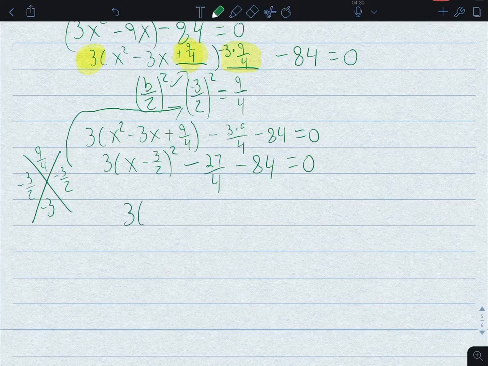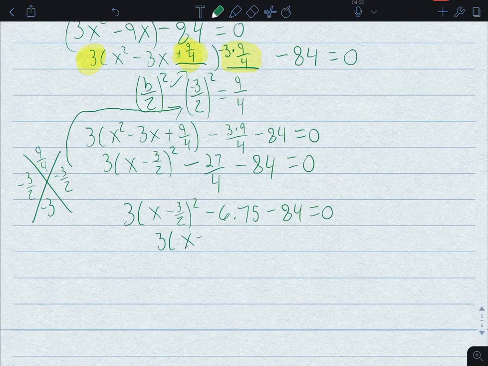That's no big deal. You could use a calculator, but 27 over 4: 24 over 4 is 6, so this is going to be minus 6, and then that would leave you with 3/4 left over. So that's minus 6.75 minus 84 equals 0. We're going to copy 3 times x minus 3 over 2 squared minus 90.75 equals 0.